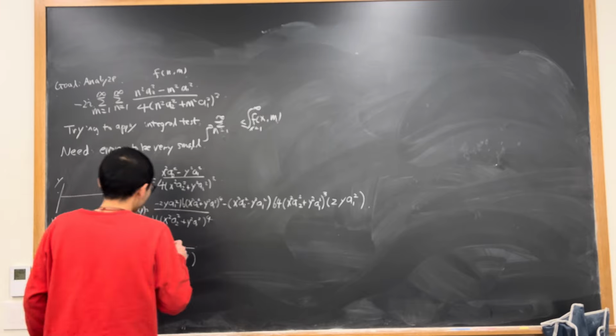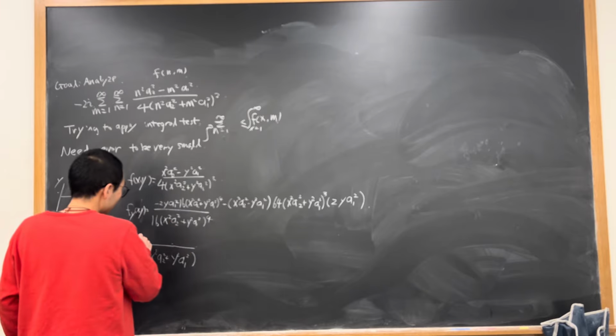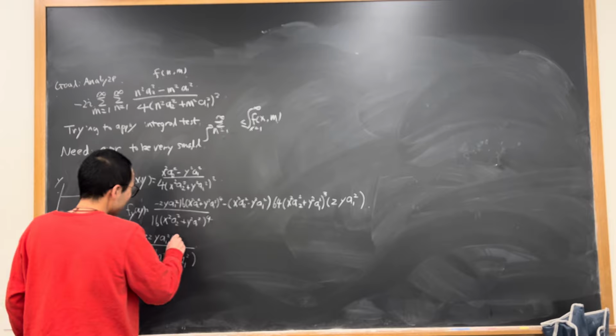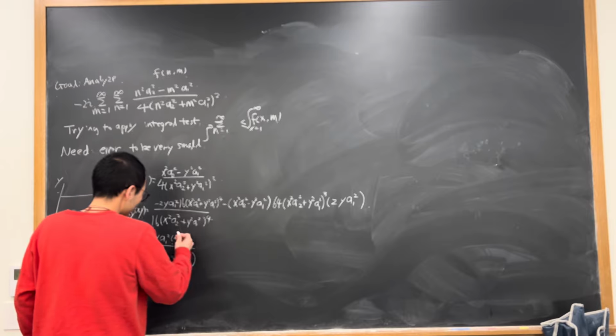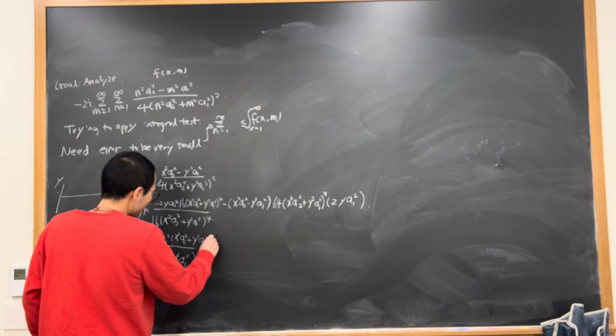So here it becomes negative 32 y a1 squared times x squared a2 squared plus y squared a1 squared.